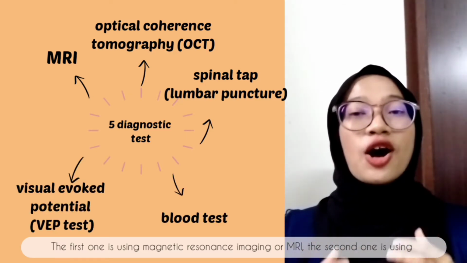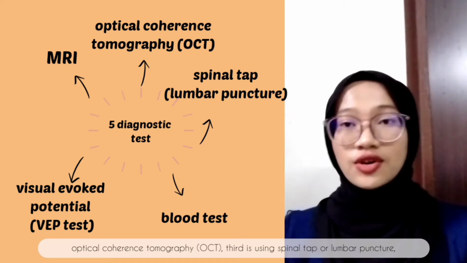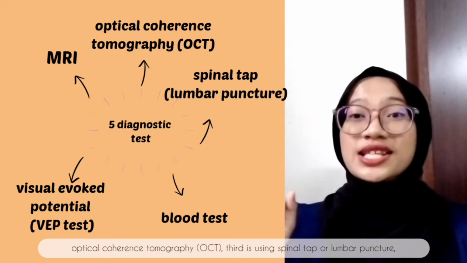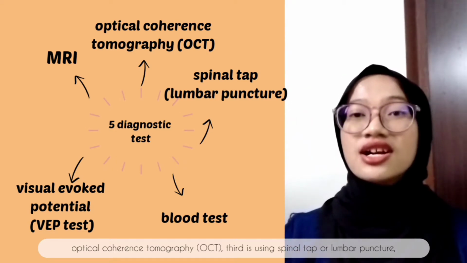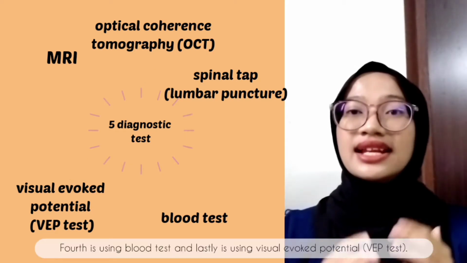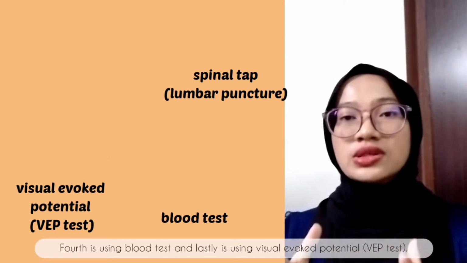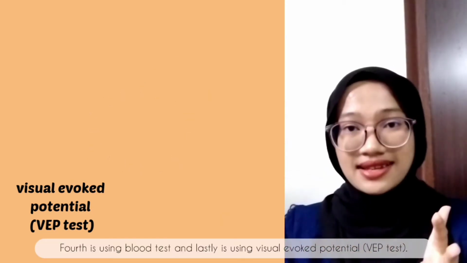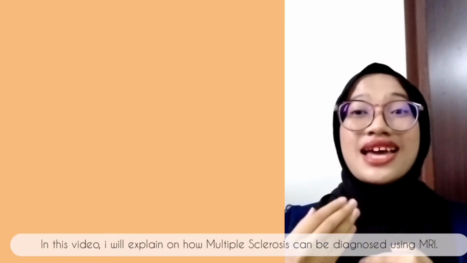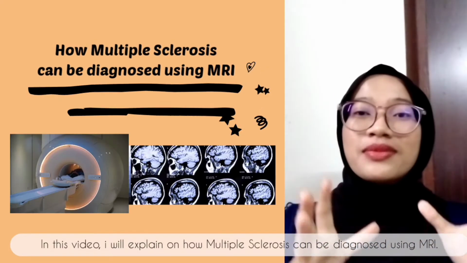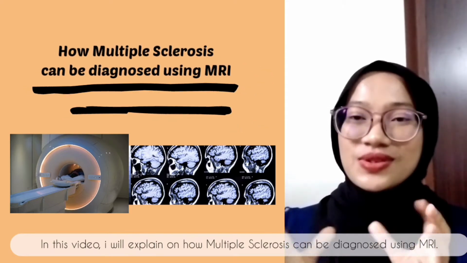The second one using optical coherence tomography or CT. Third is using spinal tap or lumbar puncture. Fourth is using blood test, and lastly using visual evoked potential or VEP test. In this video, I will explain detail on how multiple sclerosis can be diagnosed using MRI.